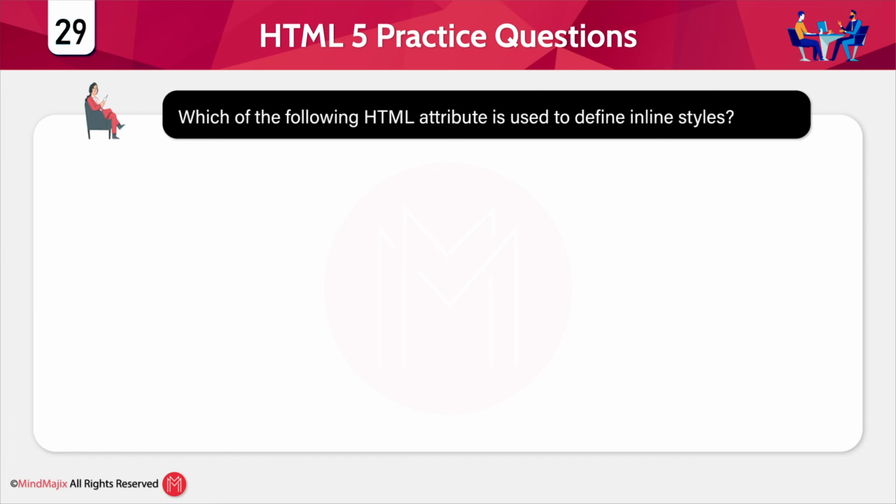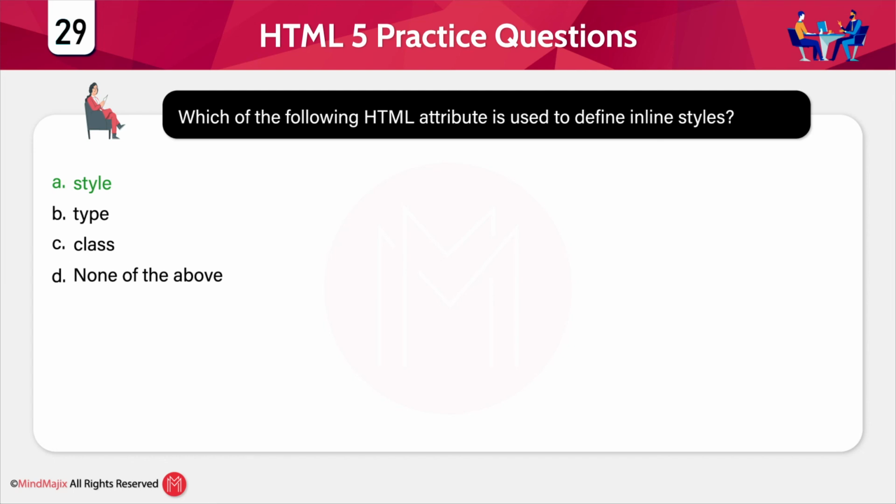And which of the following HTML attributes is used to define inline styles? For inline styles, not internal, not external style. He asked about inline style, and we should use which attribute, not tag, attribute. Which attribute do we use? The style attribute, obviously. Not type, not class, none of the above. Which is the correct option for the 29th question?